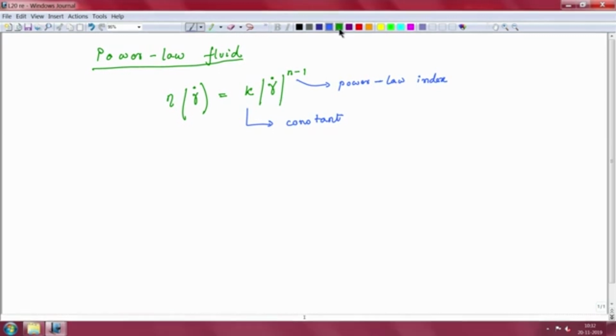Okay. So, now this brings us to another important idea that is often used in polymeric fluids. To characterize polymeric fluids, we often use two separate types of flows.